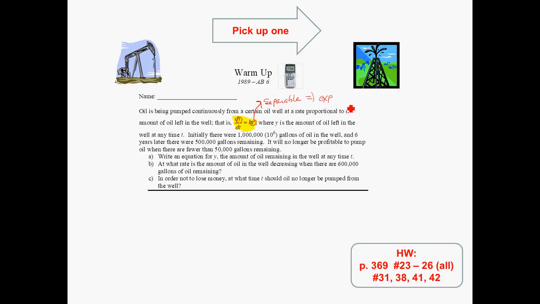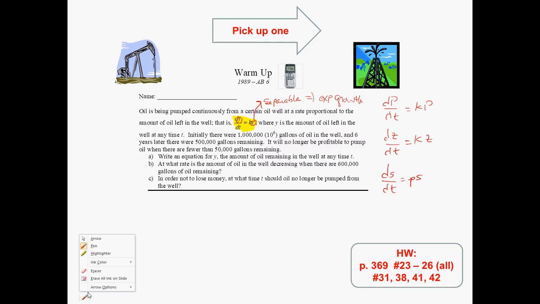And again, what if it wasn't a y? What if it was dp dt is equal to kp, or dz dt is equal to kz, or God forbid, what if they made the constant proportionality little p? What if it was ds dt is equal to little p times s?